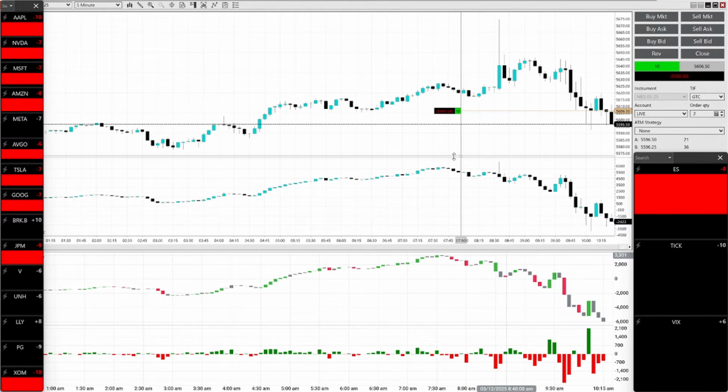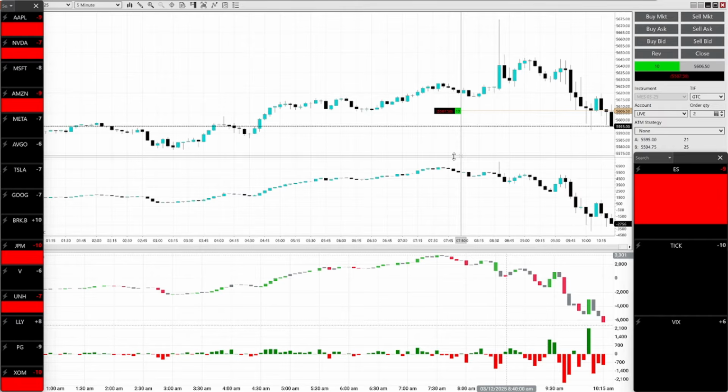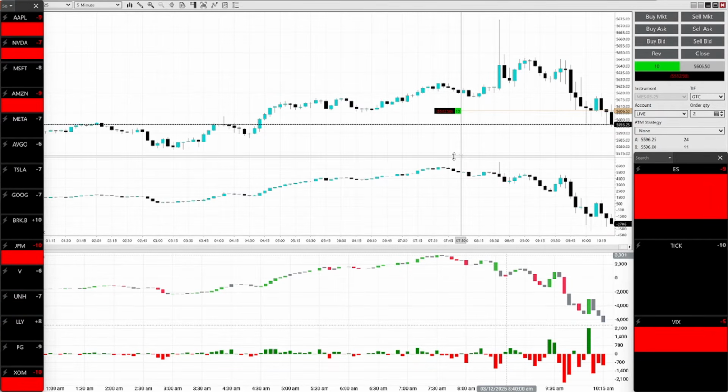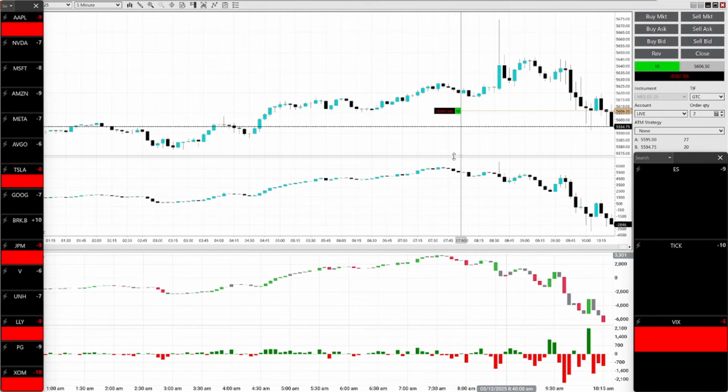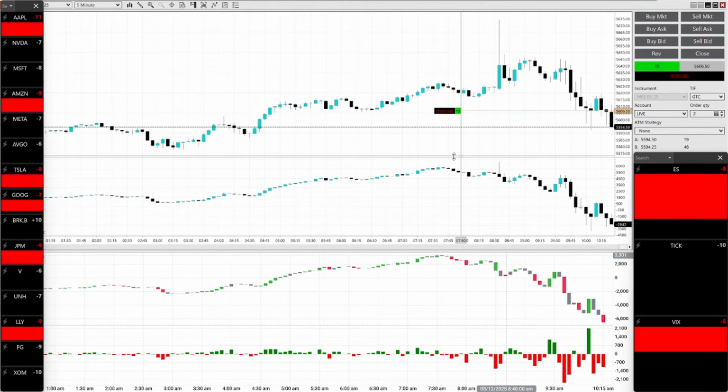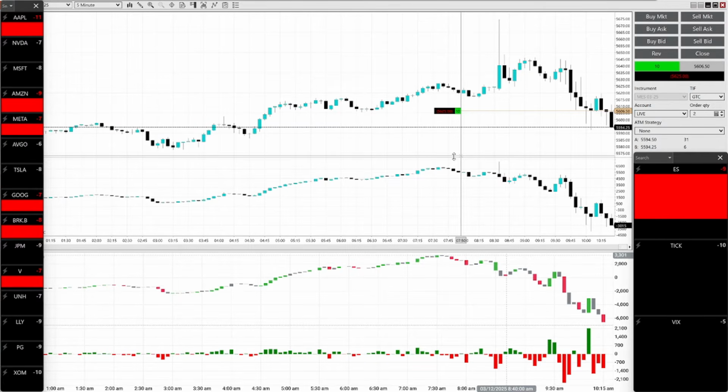I definitely don't like that. Now I'm thinking about getting out. If we don't start seeing some buyers step in here again, I'm going to have to cut this one. But luckily, I'm only 10 micros in. One mini. Nothing too huge.